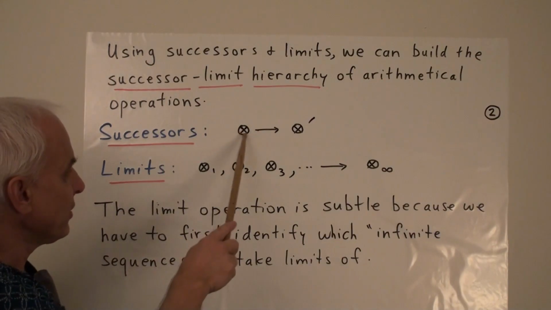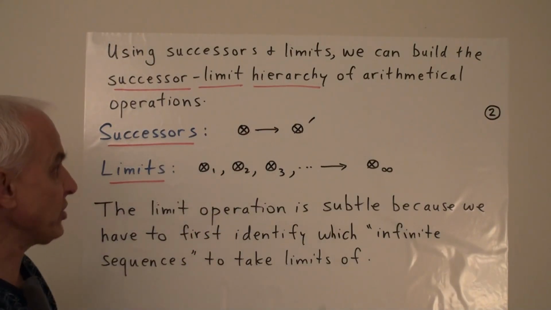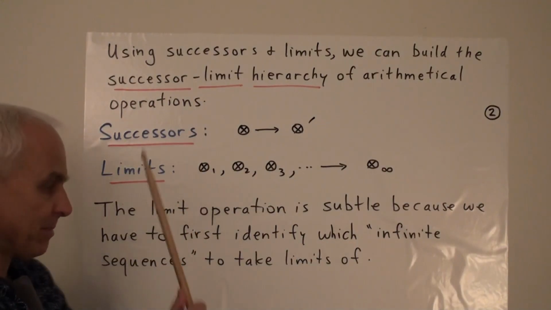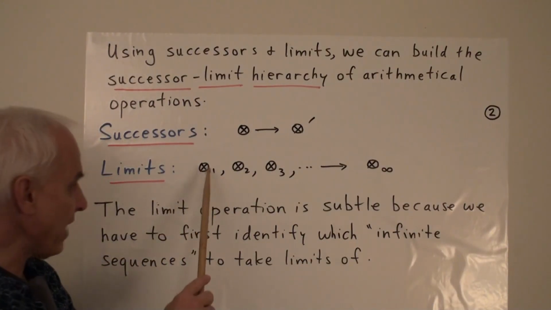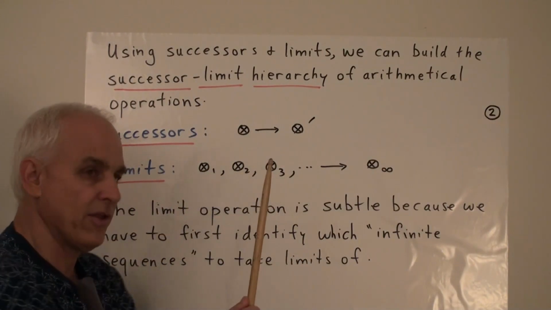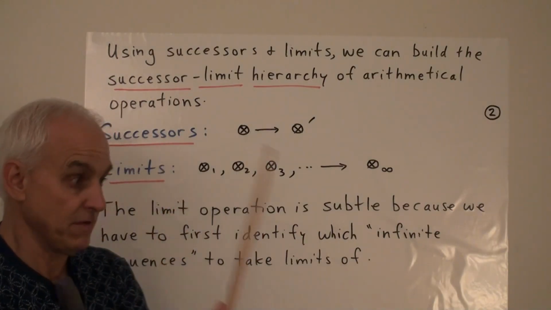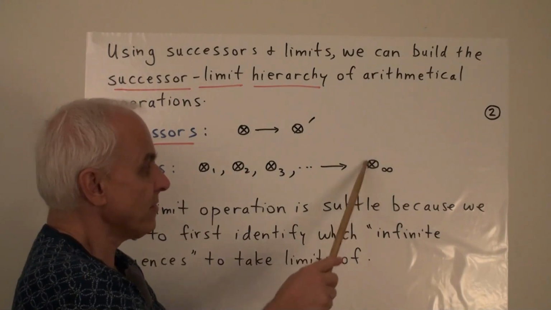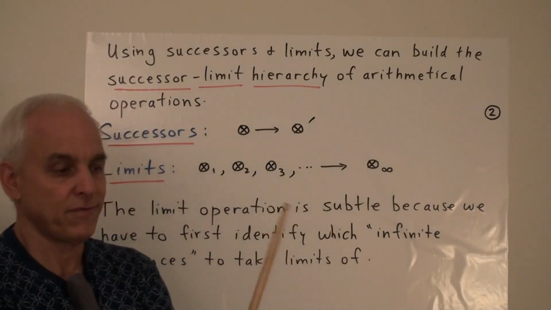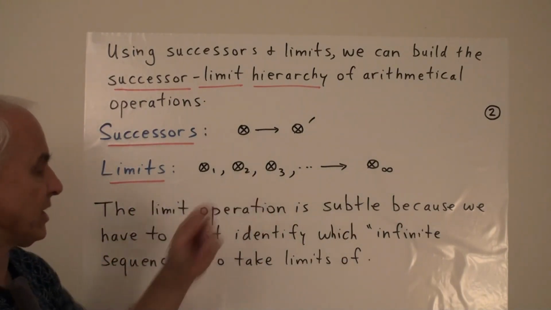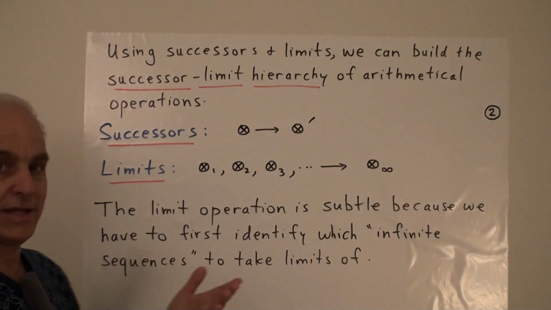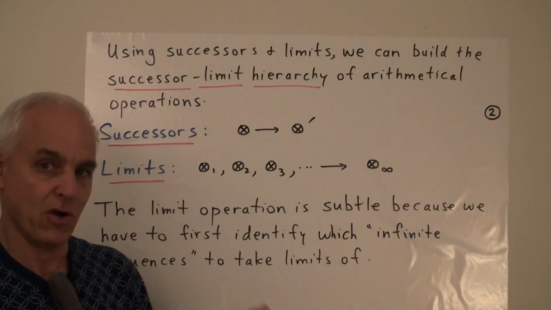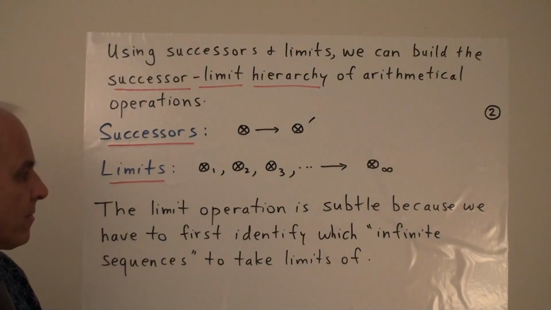So if circle cross is pretty well any operation, we can always take its successor. Now limits is a little bit more subtle. If we have a particular sequence of operations that we've defined and put our finger on, then we can form this sort of infinite kind of limit of these sequences in exactly the same way as we've just done for the case of star 1, star 2, star 3.